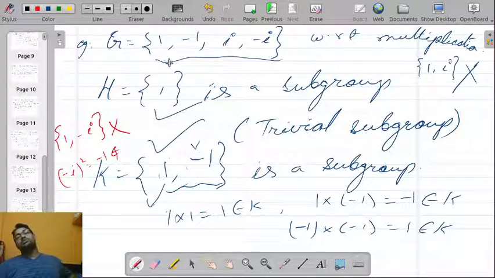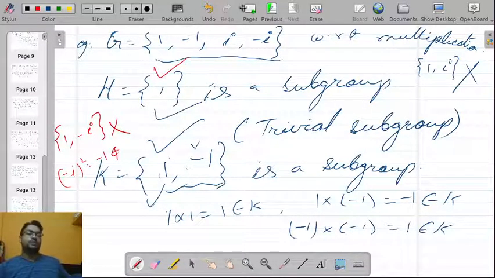So the only subgroups of {1, -1, i, -i} here are singleton {1} and {1, -1}.